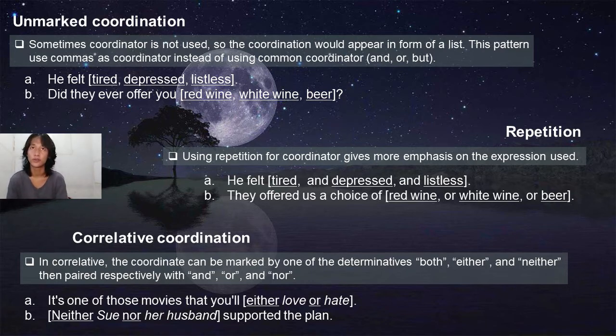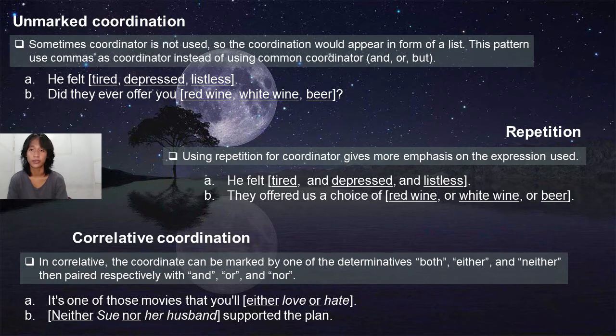And move on to repetition. Using repetition for coordinator gives more emphasis on the expression used. And here is the same example with a different coordinator. He felt tired and depressed and listless.